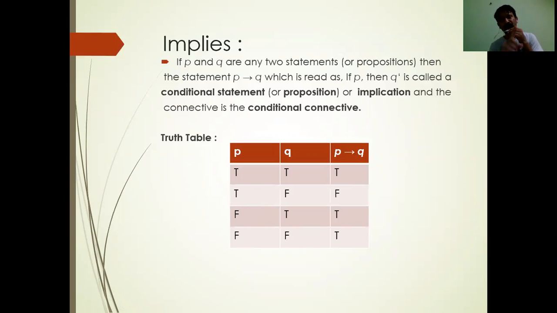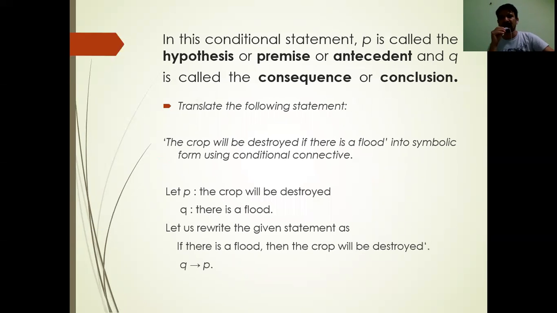All the truth tables we can use in the next videos also. P and Q is very easy. P or Q is very easy. P implies Q: if P is true and Q is false, then only P implies Q is false. Otherwise, it is always true. This is implies.